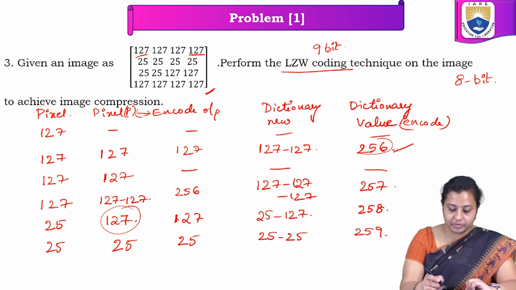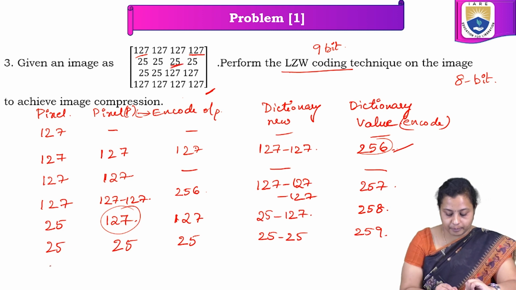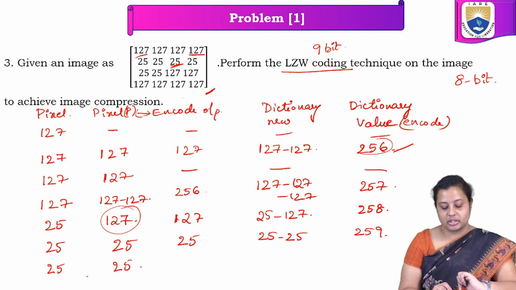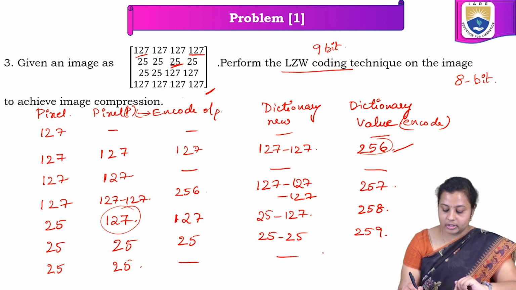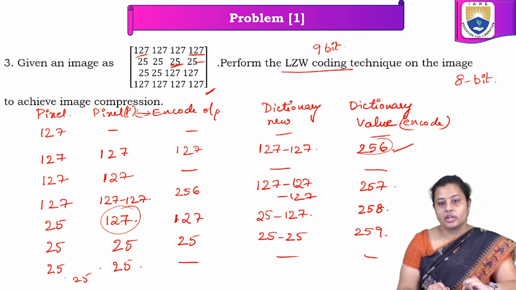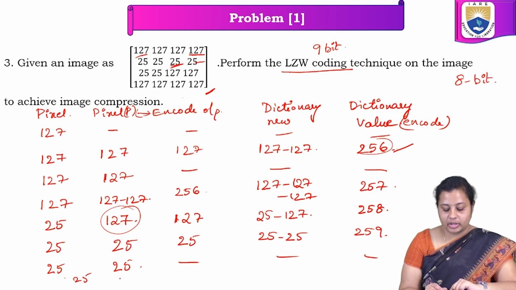Now I have to take my next 25 value. So this is equal to 25, and my previous pixel is 25. So this combination is already existing. Next pixel I'm taking to be 25, right? So this 25 hyphen 25 combination I have to code, and that value is equal to 259, right?